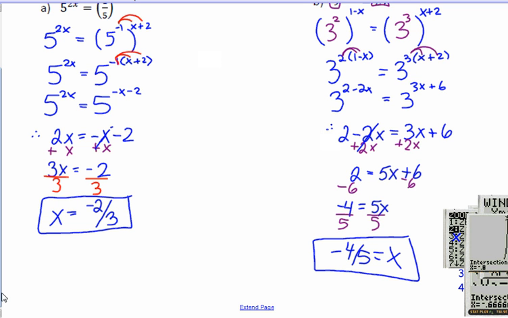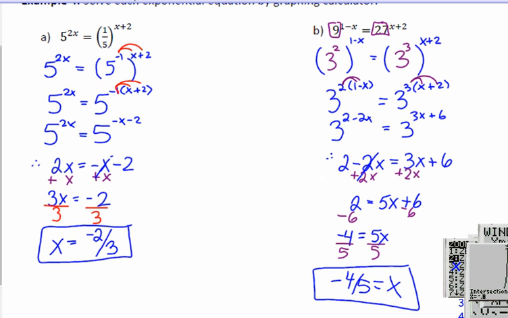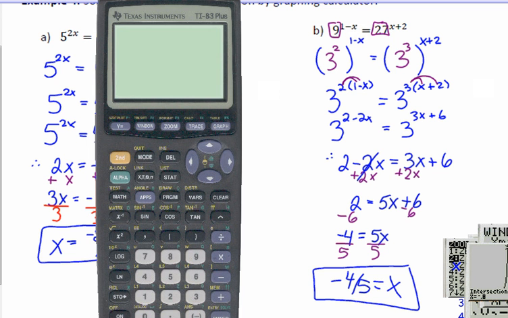Okay, can I show you another way you can check, guys? With your calculator, remember, I showed you this before, but it's been a while, and there's so many things you can do on your calculator, so you forget them. We can store an x value, remember? So I can go negative 4 over 5, store as x. Okay?